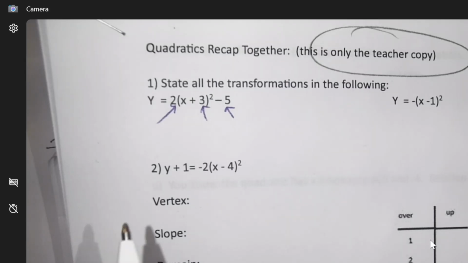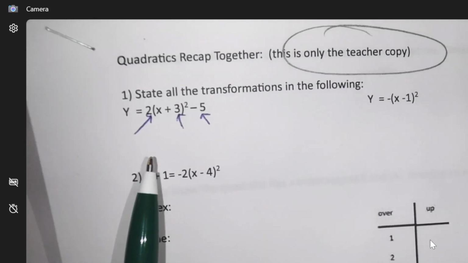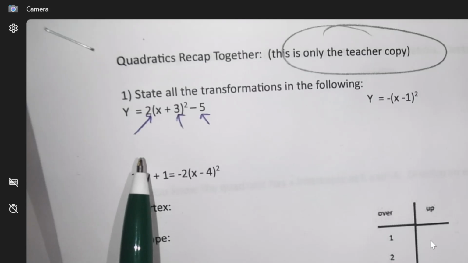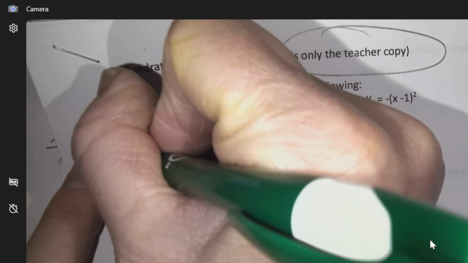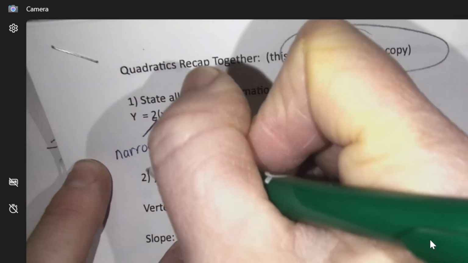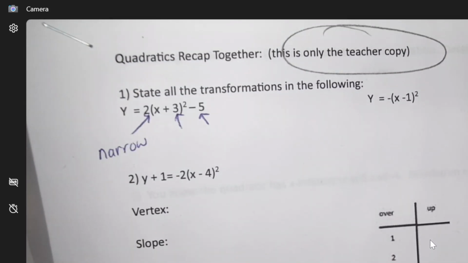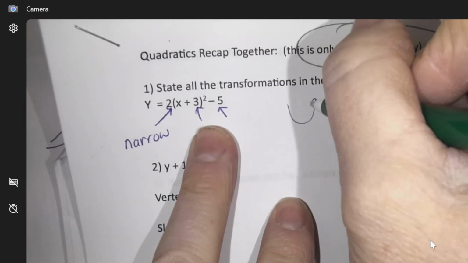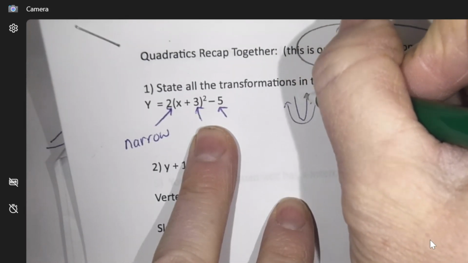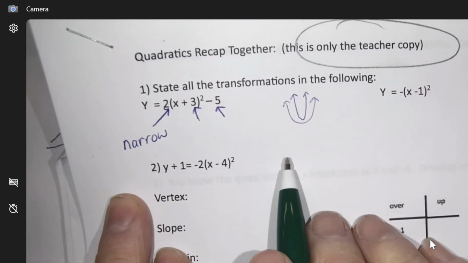If I times by 2, what happens to the shape of my parabola? Do you remember? It would get more narrow, right? The arms of it. This would be normal, but then I would get more narrow.